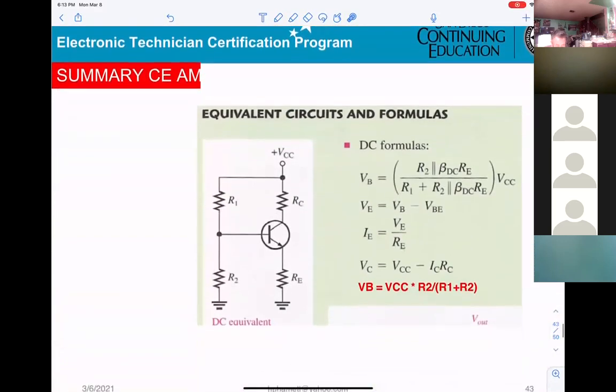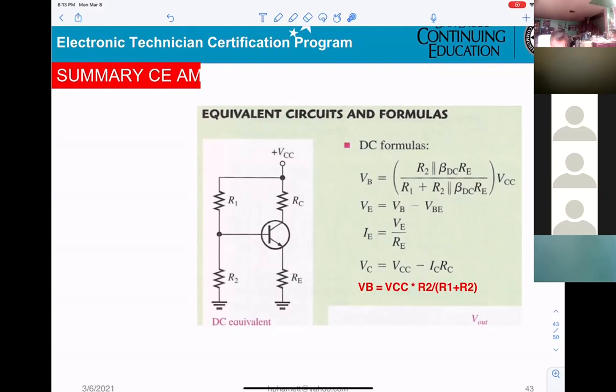And this is the formula. If you want to calculate VB, they say R2 in parallel with beta times RE, divided by R1 plus R2 in parallel with beta RE, times VCC. That means they go into more detail. You can use this formula or you can use R2 divided by R1 plus R2 times VCC.